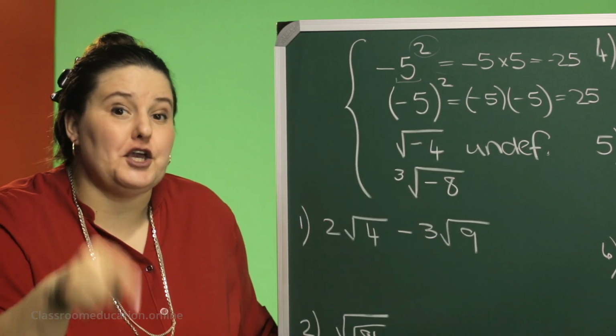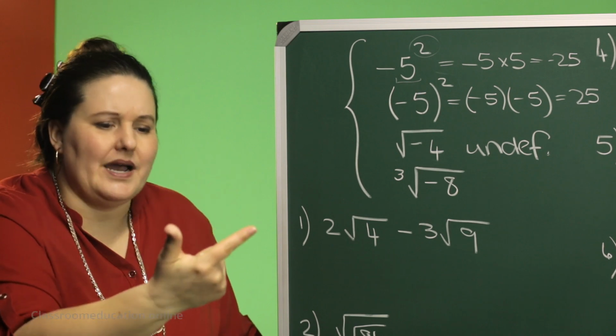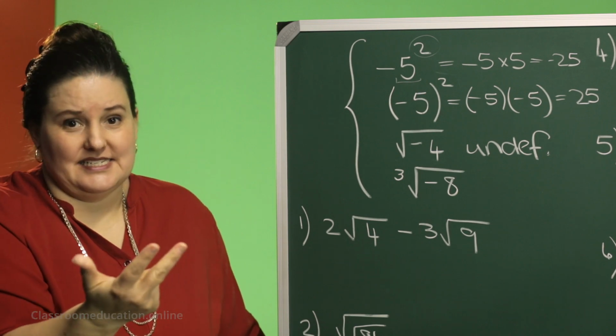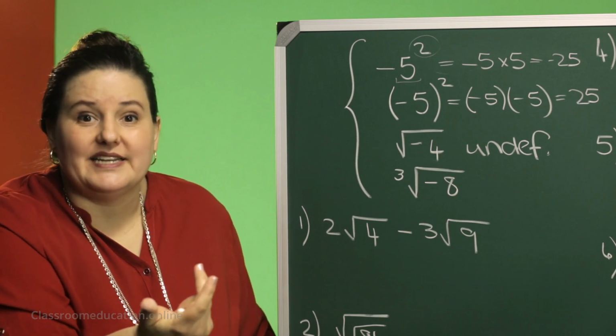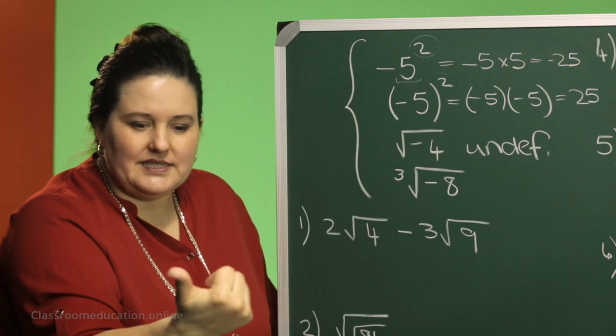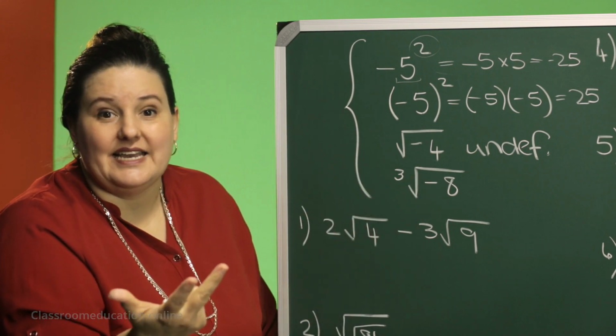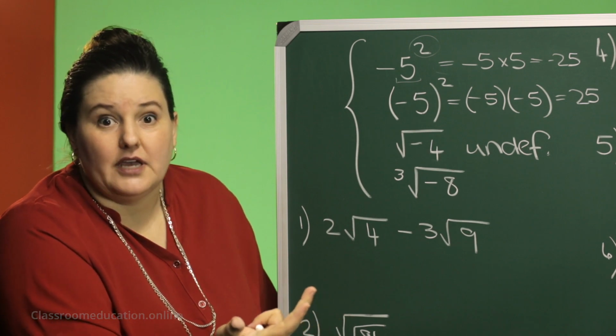But the cube root of -8. What times what times what is -8? Let's do the number first. What times what is 8? A 2. And now the sign. What times what is a negative? Let's try. A negative times a negative, it's a positive.